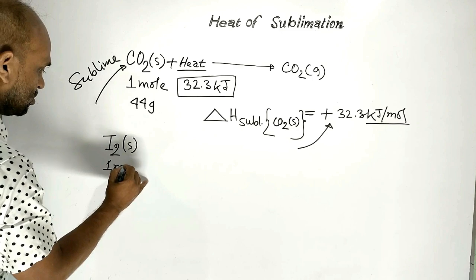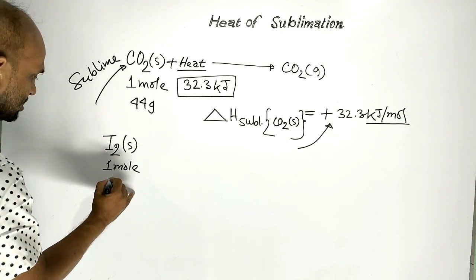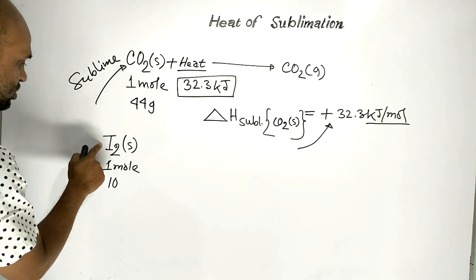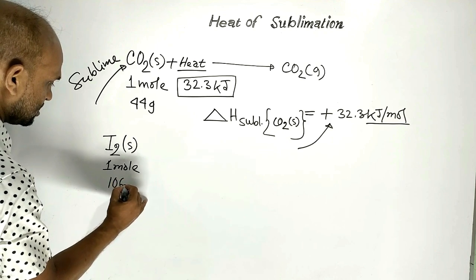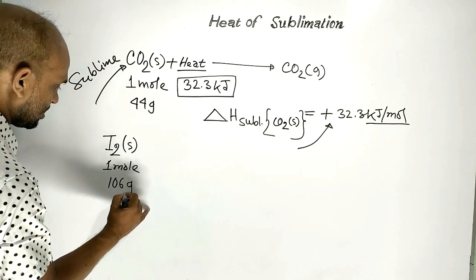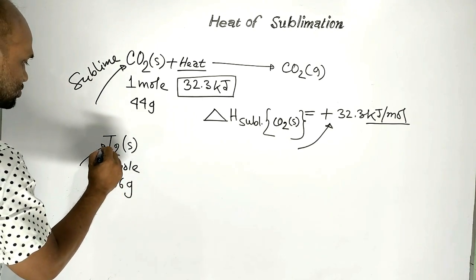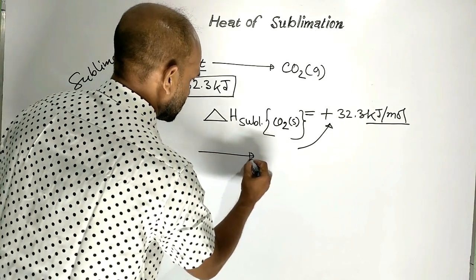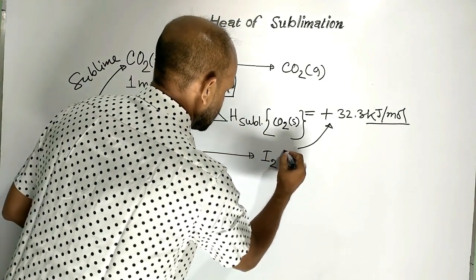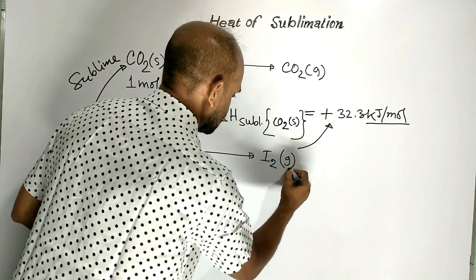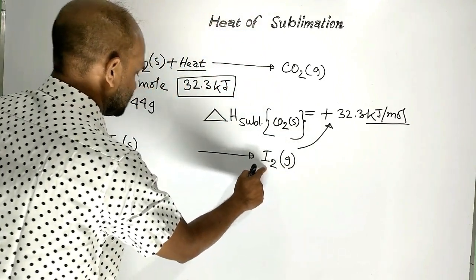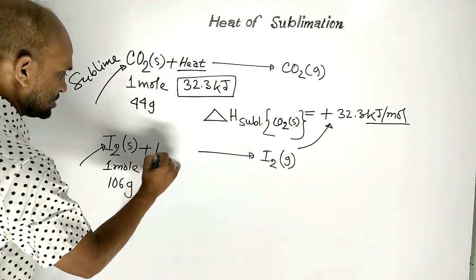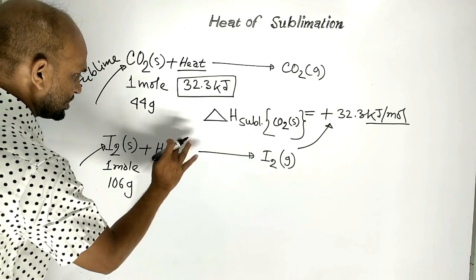1 mole solid iodine. Gram molecular mass of iodine is 106 gram. This as well is a kind of sublime. When this is converted to gas directly without being liquid, then it receives some amount of heat.